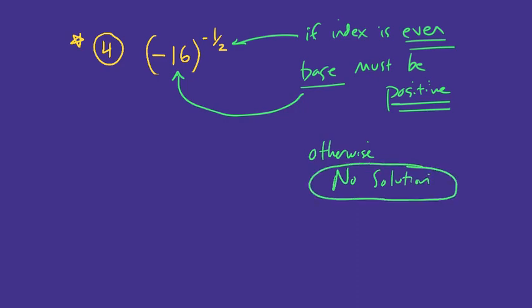So if you've got negative 8 to the 1/4, index is even, the base is negative, so no solution on that one. If you've got negative 5 to the negative 1/2, here the index is 2, base is negative, no solution. Be careful.